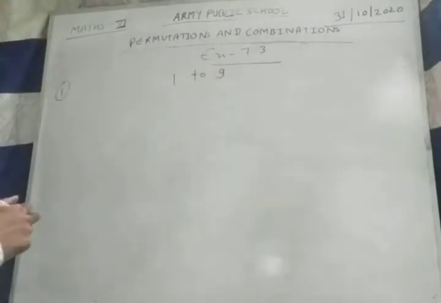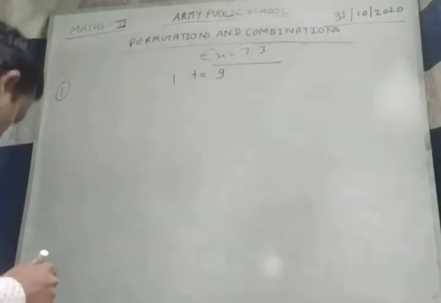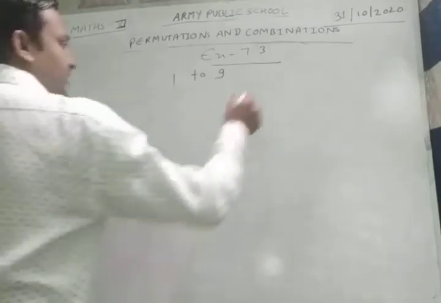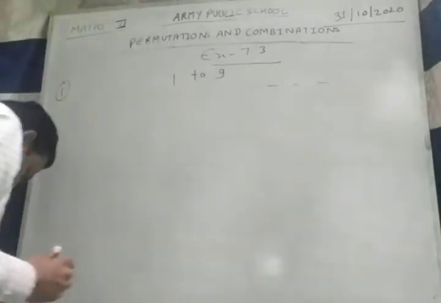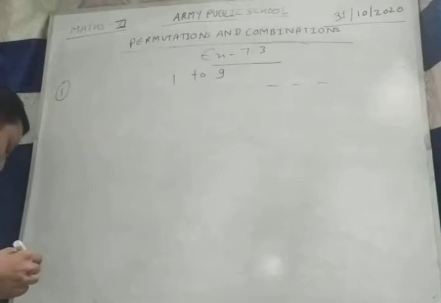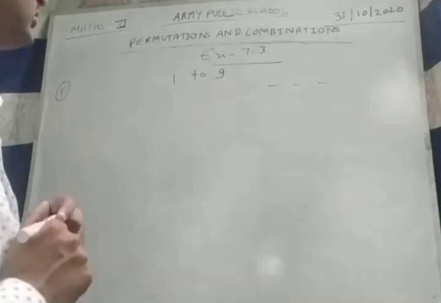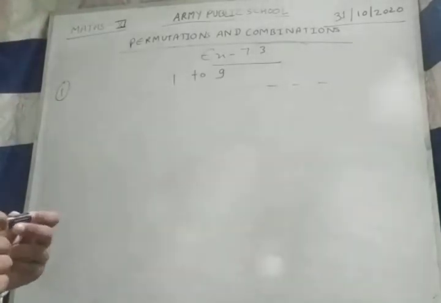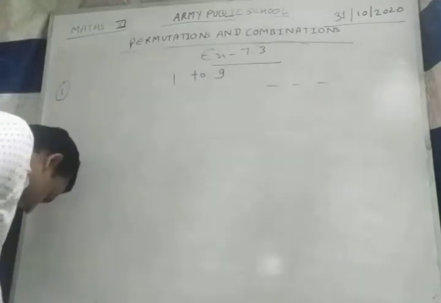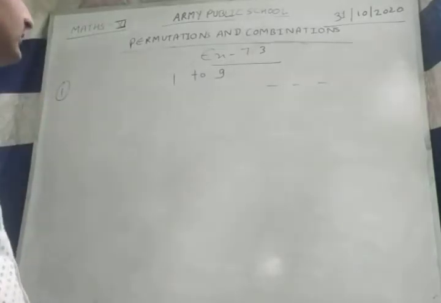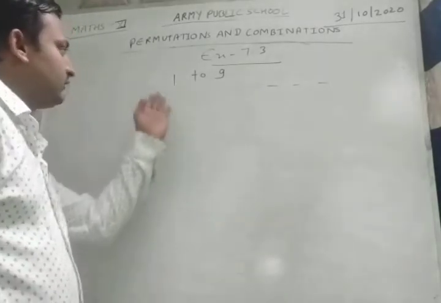We will use the digits from 1 to 9 and we have to form three-digit numbers. If no digit is repeated, find the three-digit numbers using the digits 1 to 9.